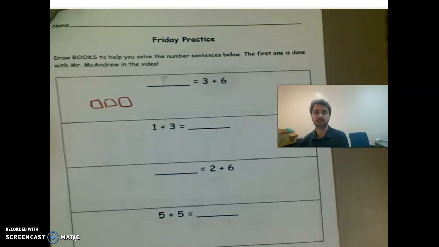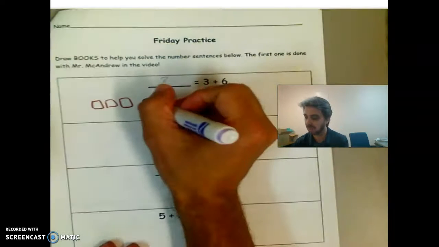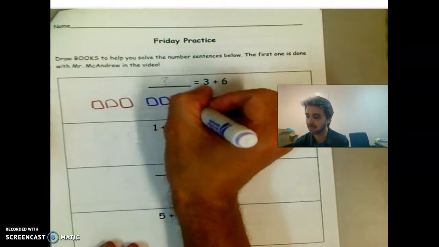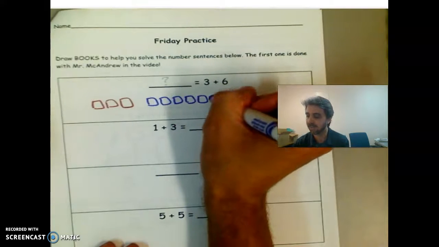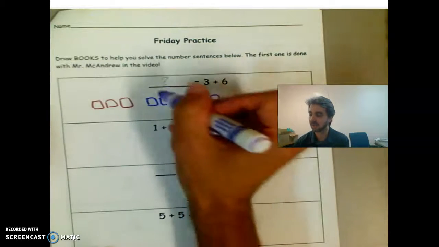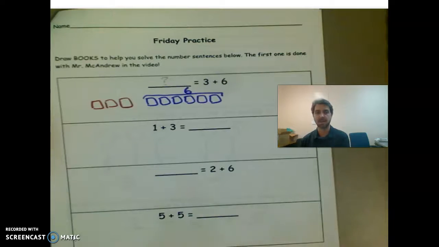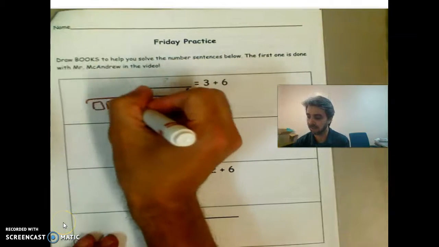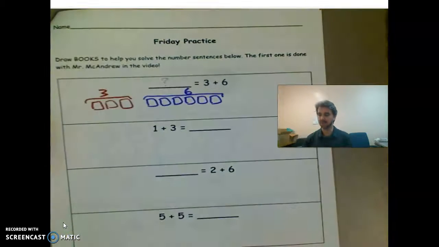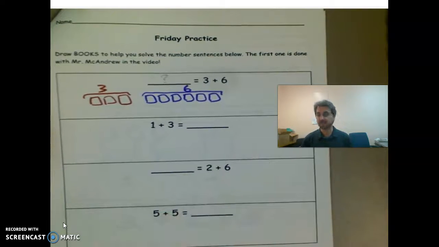And then I'm going to draw 6 more books: 1, 2, 3, 4, 5, 6. So I know that I have 6 here and 3 here. The question is, what is 3 and 6? If I add those together, what do I get?